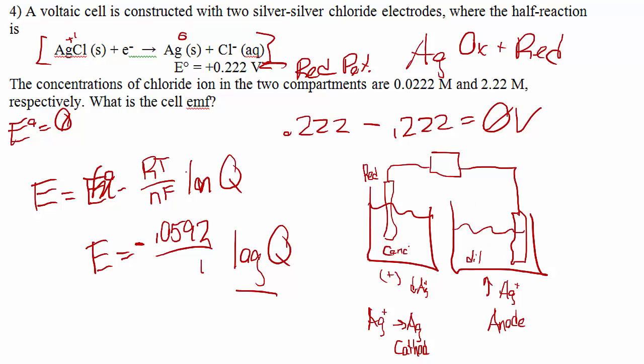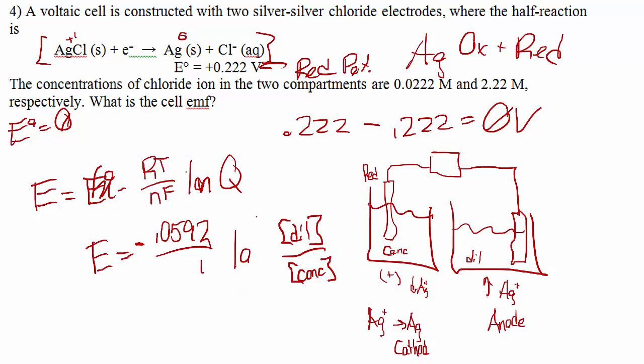So the concentration Q is going to equal the concentration of the dilute, all over the concentration of the more concentrated one. So that is what our log is.